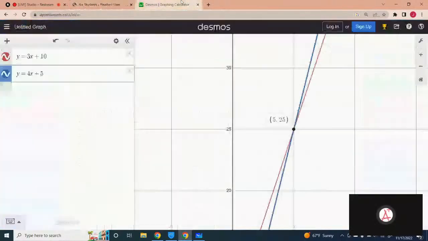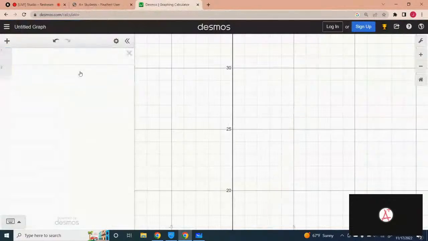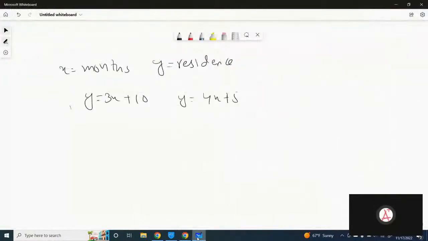Y equals negative x minus 7. And then the second one, x equals negative 6.